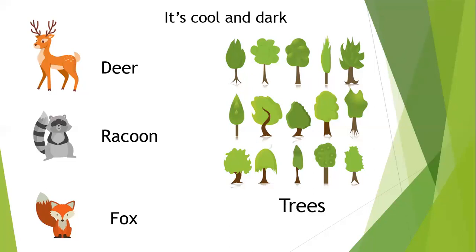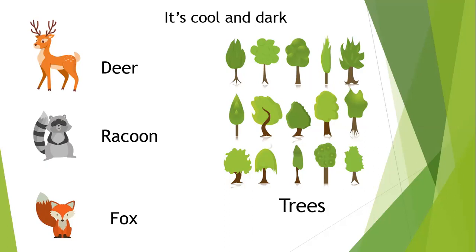You can't see the sun, so the rays of the sun don't get through, it's going to be cool. It's going to be a little cold even. And it's dark because of the same reason. The trees block out the light, so it's dark. Dark and cool. And in these places, we can find deer, we can find raccoons, and we can find foxes.